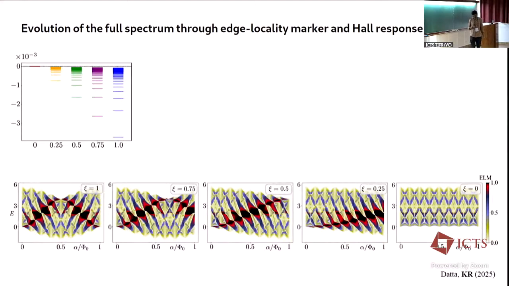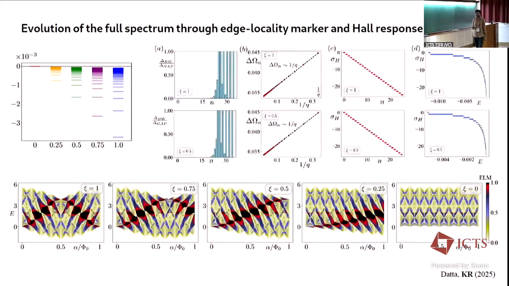Okay, I think the last thing which I want to show here is the transport. If you calculate the transport for these anomalous Landau levels, what we found is that you can see the spread of the Landau-like bands in this system when your Q is very large. If you calculate the Berry curvature for these systems, you see they are reasonably flat when you are away from the zone boundary.